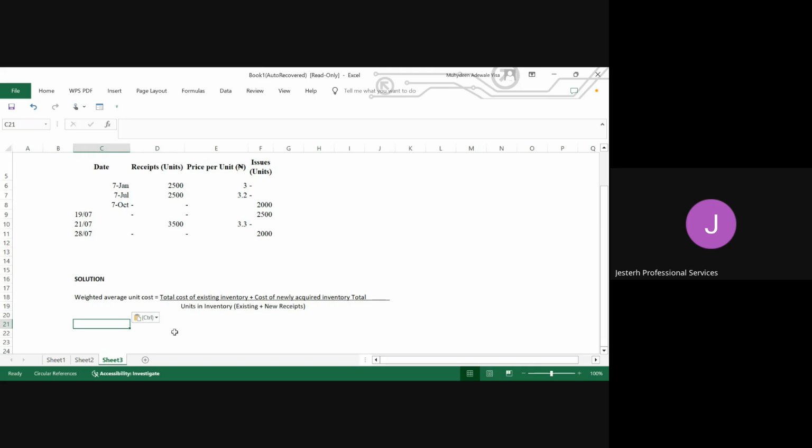So now, like we did the last time, these are the headings that we need to have. What are our dates? Dates, then the quantity, the price, which is the unit price, then the total, which is the quantity multiplied by the price.